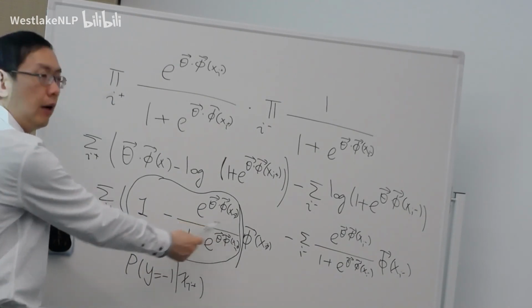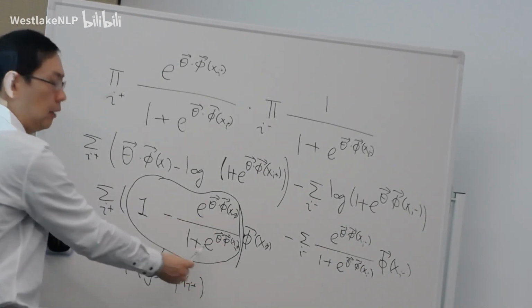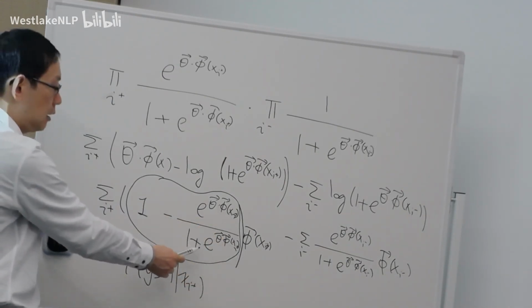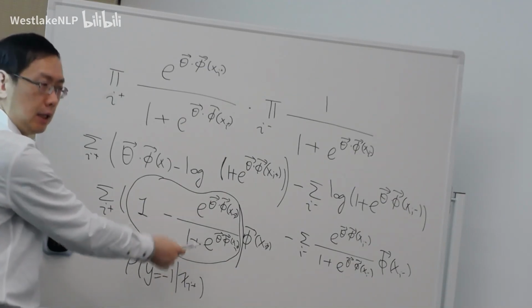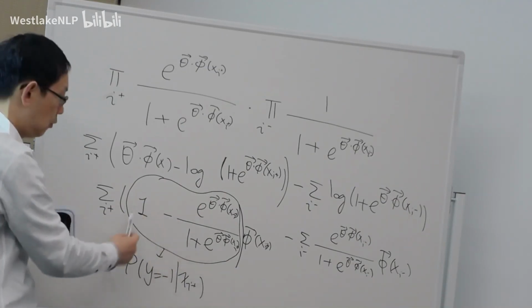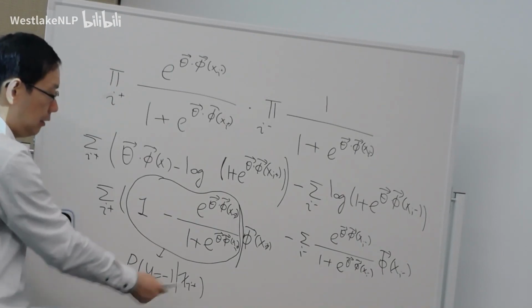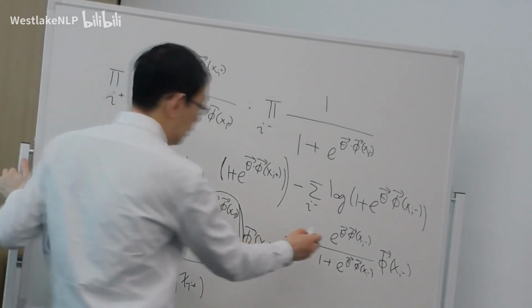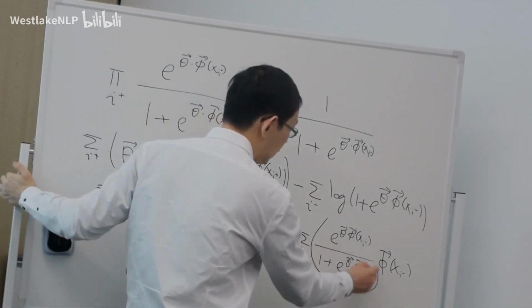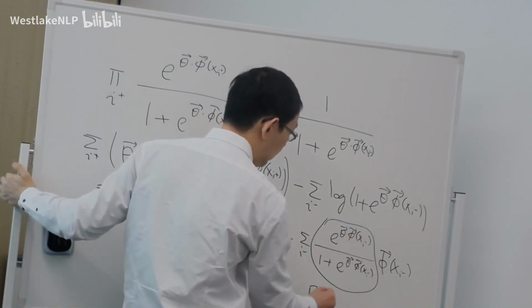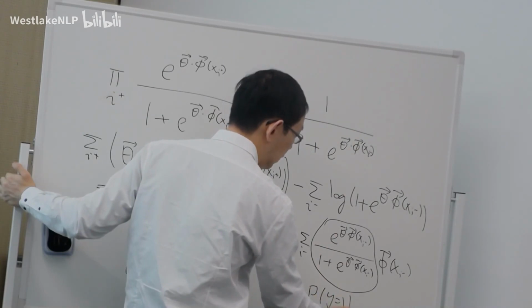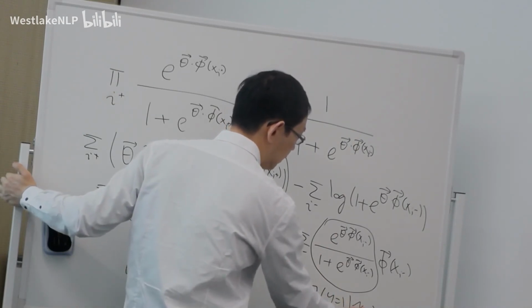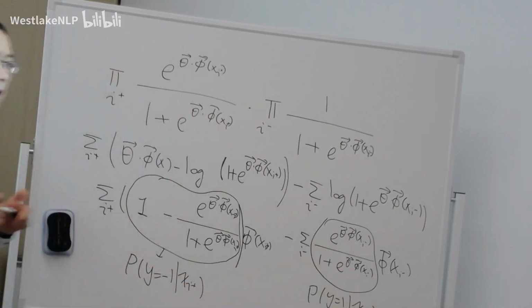Sigmoid of theta phi, right? So this is the probability of y being positive 1 given x. So 1 minus this thing is the probability of y equals -1 given x, right? This one is the probability of y equals 1 given xi minus, right? So this is the model probability.